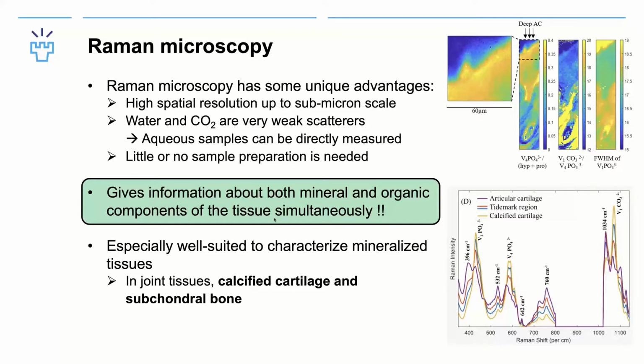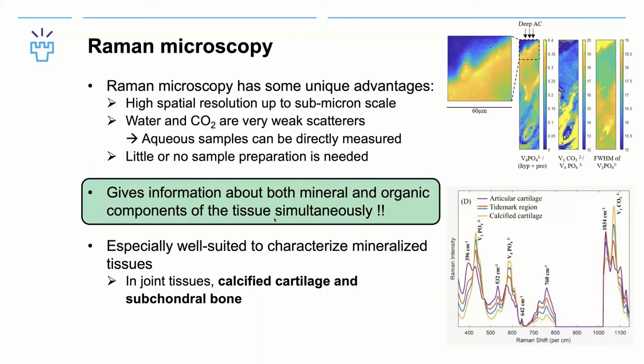water and carbon dioxide are quite weak light scatterers, so we can also measure hydrated samples directly, which means that we don't necessarily need to dehydrate the sample, so we can measure the tissue sample in its physiological environment, and we don't really need too much sample preparation.